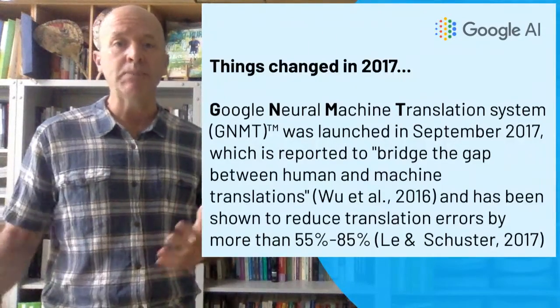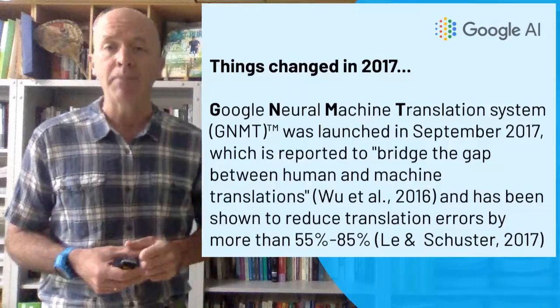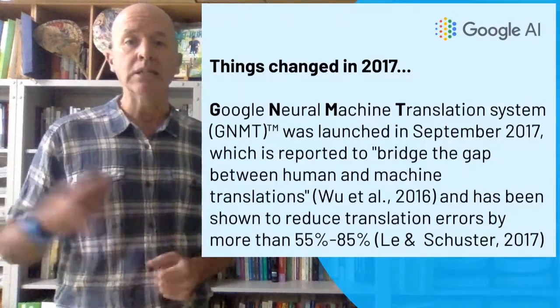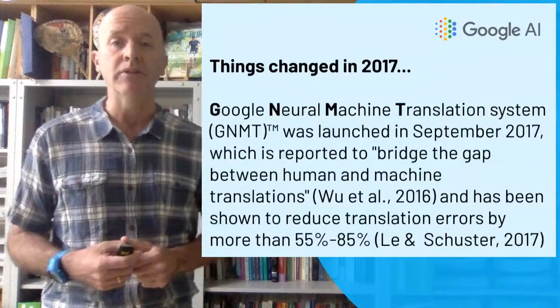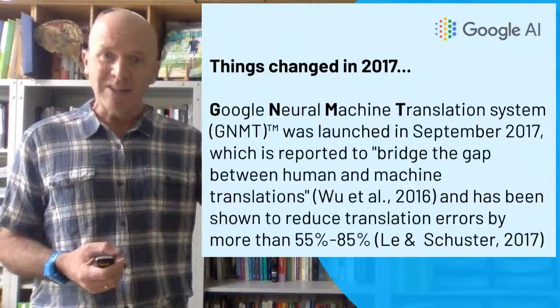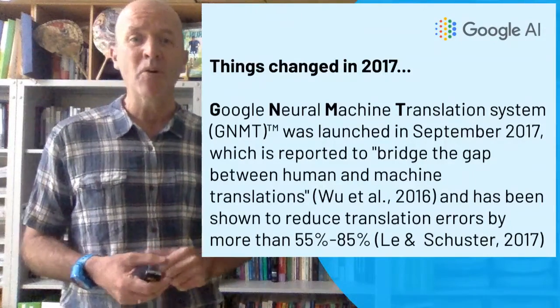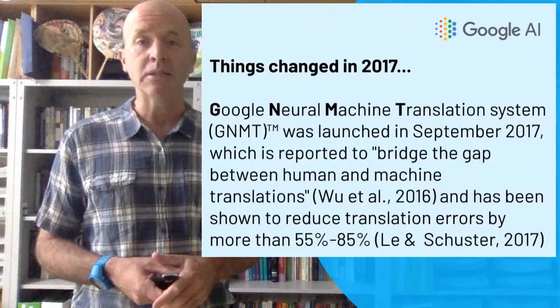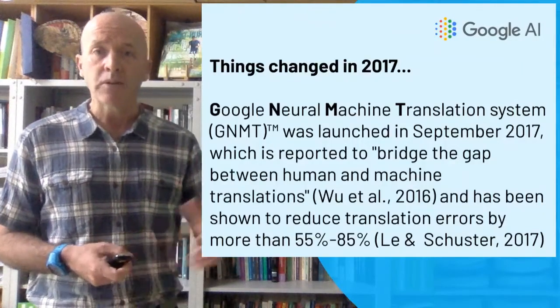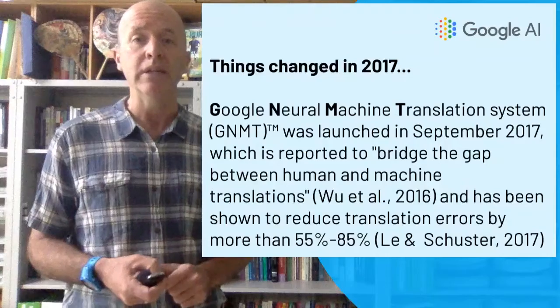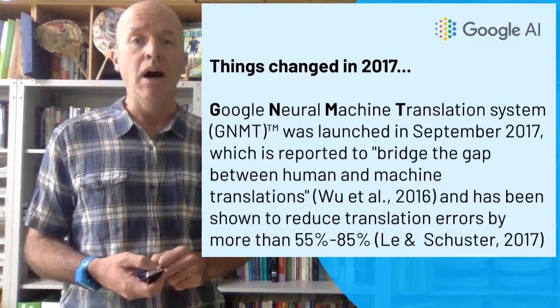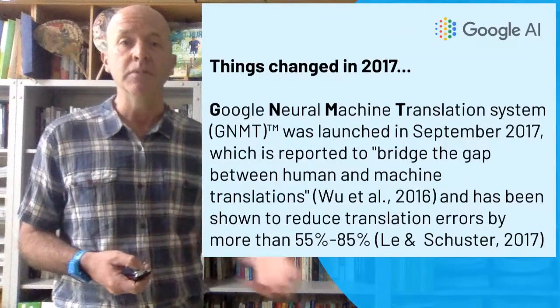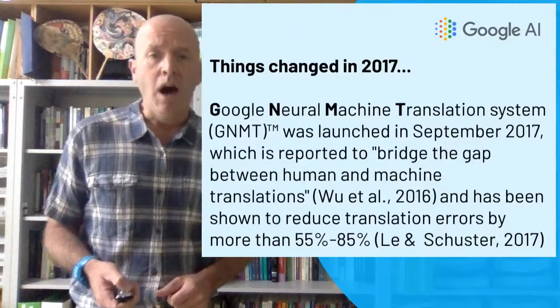And it was reported as being able to really bridge the gap between human translations and machine translation on the other side, and really reduce the translation errors by more than 55 to 85% by some estimates. So there was this huge leap forward in terms of technology in this area of machine translations.